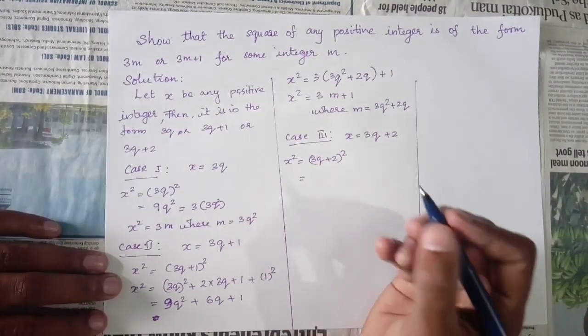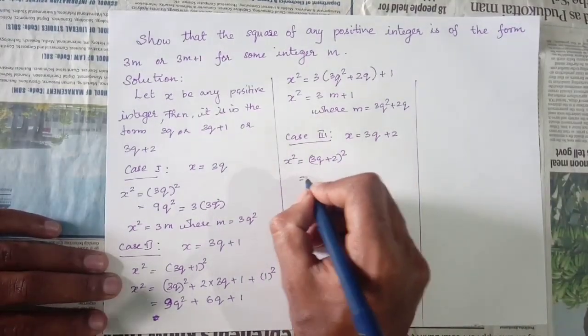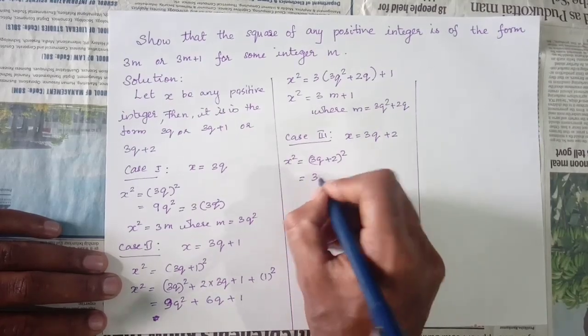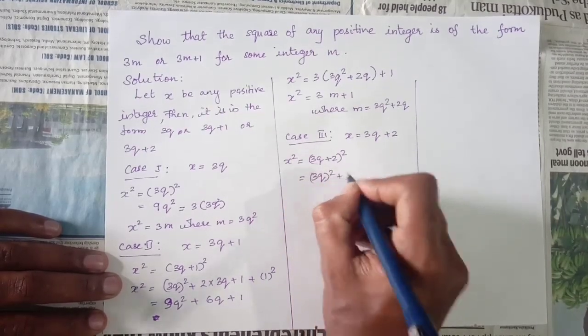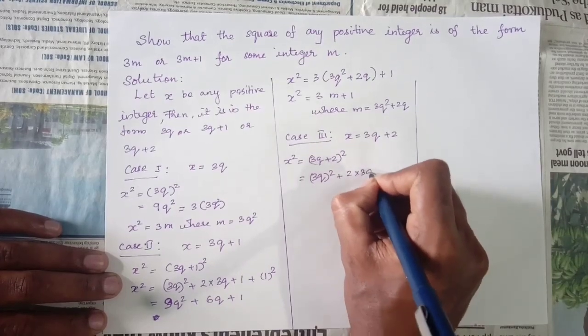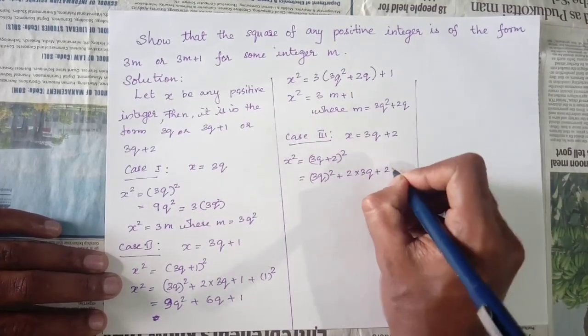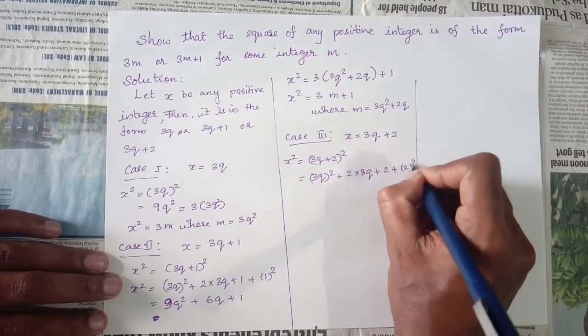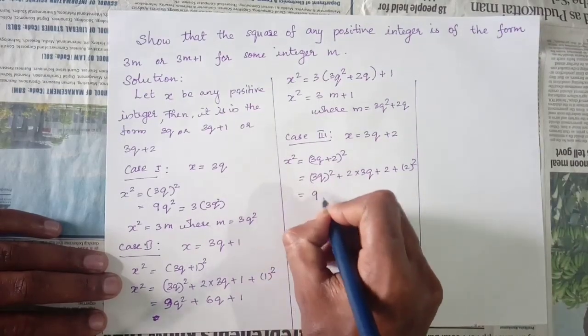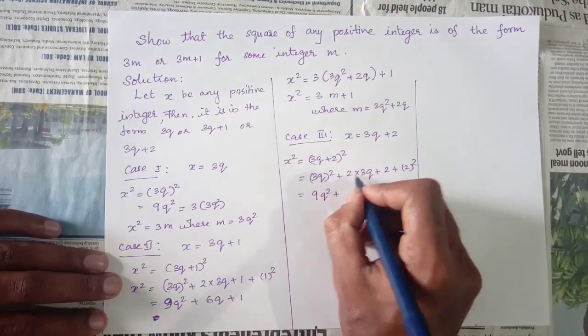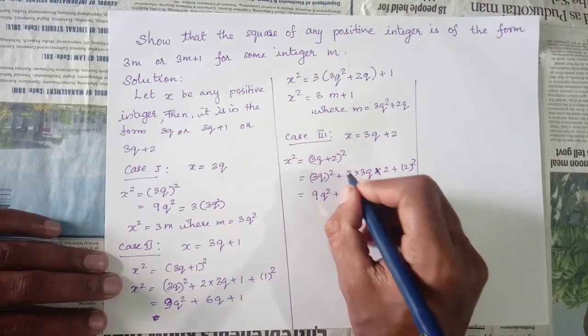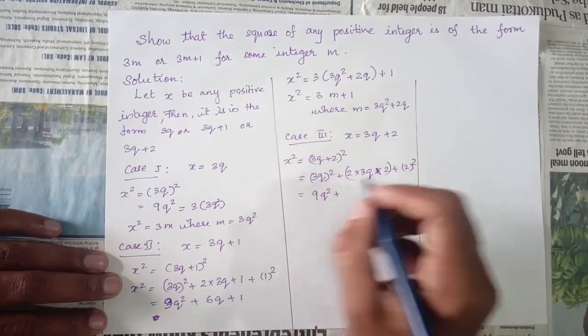Using the a plus b whole square formula, this is 3q whole square plus 2 into 3q into 2 plus 2 square. When we multiply everything, we get 9q square plus 12q plus 4.